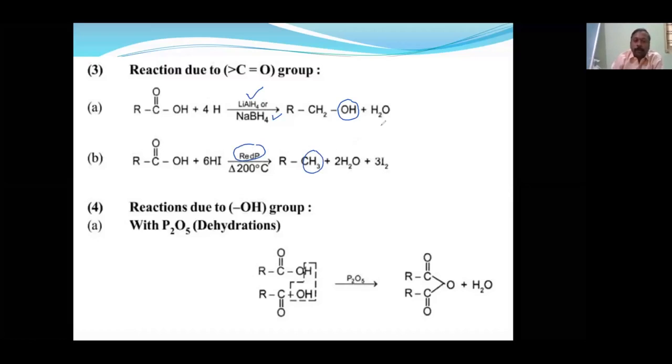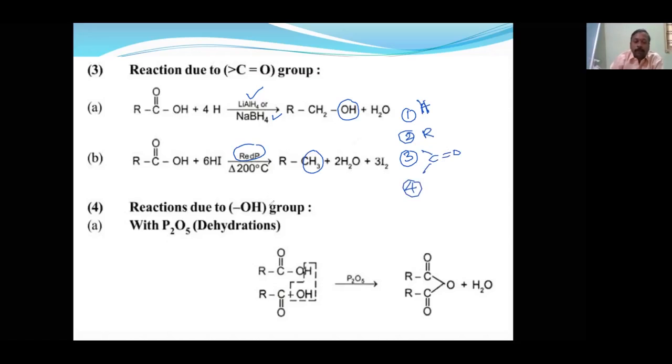This is the third type. I am writing it again and again so that you should not forget the reactions. First reaction is due to acidic nature of hydrogen. Second one is due to R. Third one is due to C double bond O. Now the fourth one is due to OH.